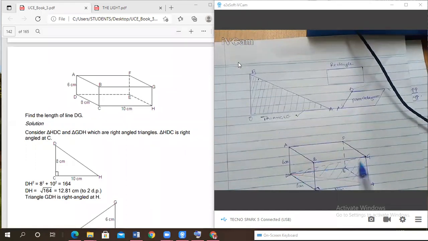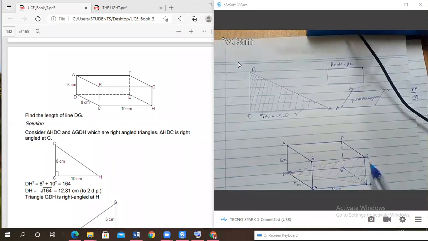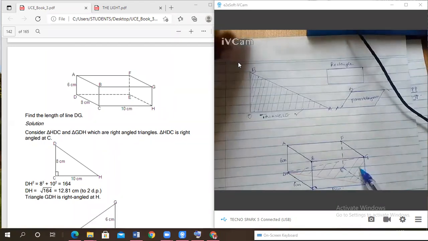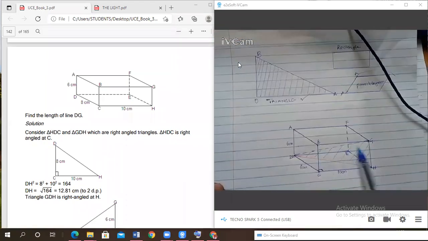That line must be on that triangle which I've created. So for me to create that triangle, I have to draw a line from H to D such that now I form a triangle inside that cuboid, and DG is found on that triangle.